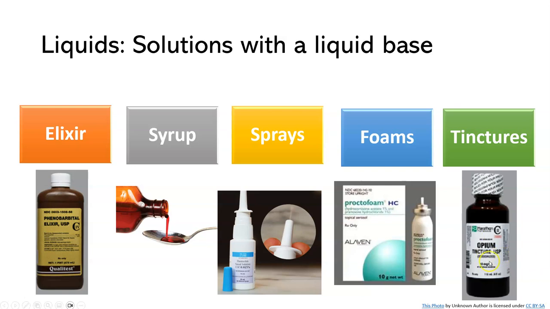This is taken orally. Sometimes the book is not 100% accurate in some of the things that it notes. But a tincture, again, it's water and alcohol. There's no sugar. So the difference between an elixir and a tincture is the elixir has sugar and the tincture does not.